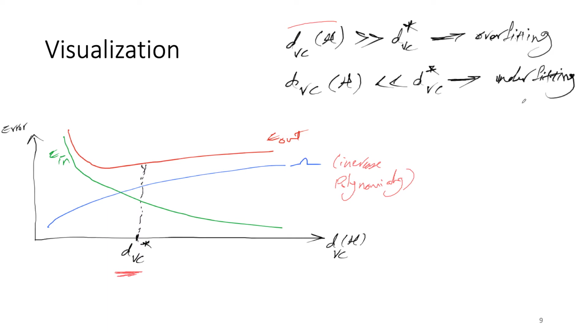And a rule of thumb in many machine learning practices is to use the number of data points as 10 times the VC dimension. So if your VC dimension is 3, for instance, and you have 30 points, that would be sort of in the middle of having an overfitted or underfitted model, which is a good point.